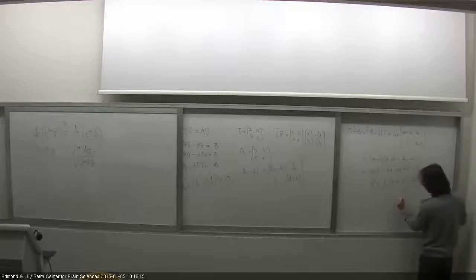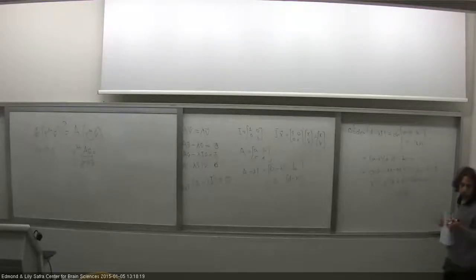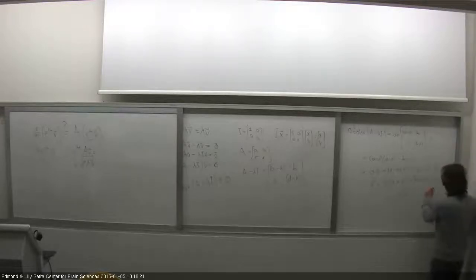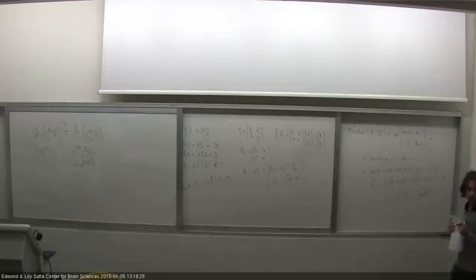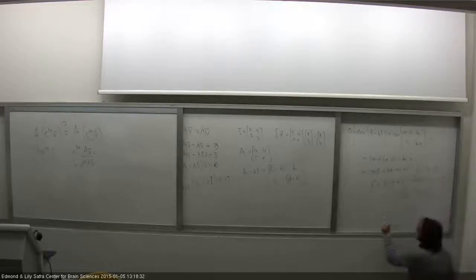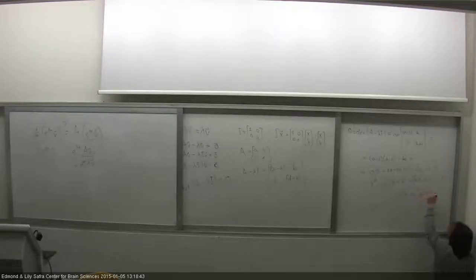This is the trace of A: A plus D is the trace of A. And what I have here is the determinant of A. So basically, my quadratic equation looks like this. I use a shorthand: I write trace as tau and the determinant as delta.